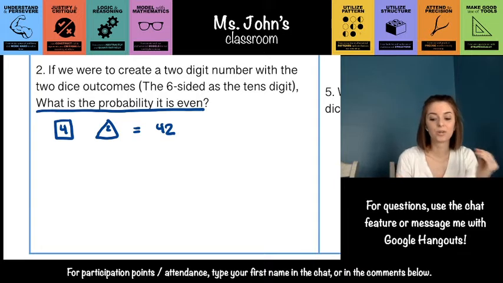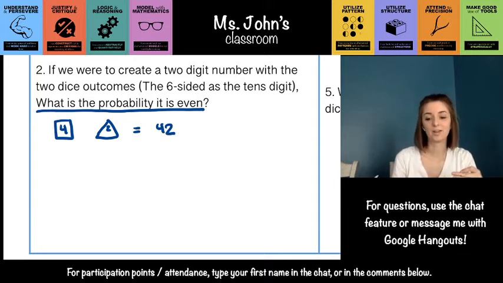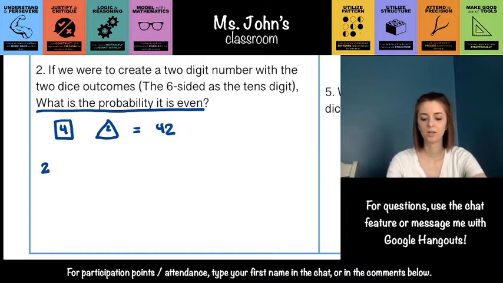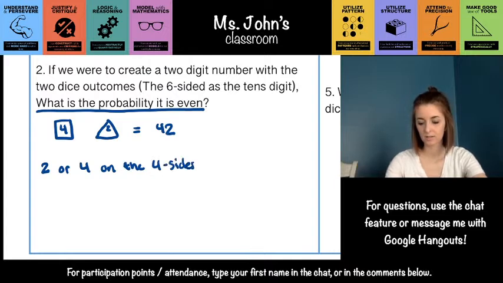So what we're going to do, we're just calculating what's the probability of getting a 4 or a 2 on the dice, which we can pretty easily calculate. So here's 2 or 4 on the 4-sided die.